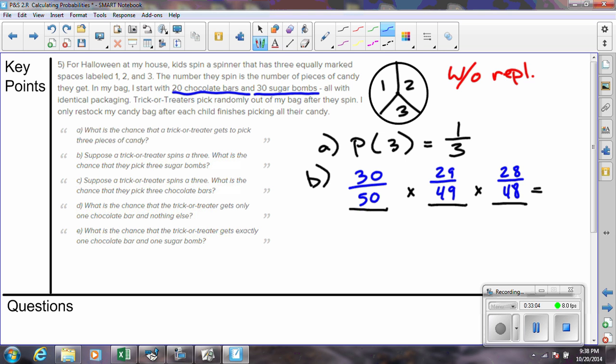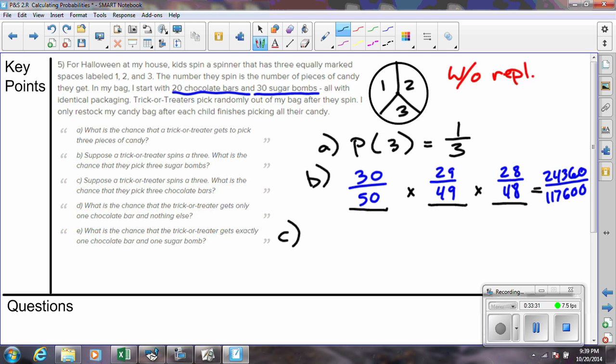That would give us 24,360. And for the denominator, 50 times 49 times 48, that's 117,600. And there we go. We have our probability. It definitely needs to be simplified, but we've got our answer.